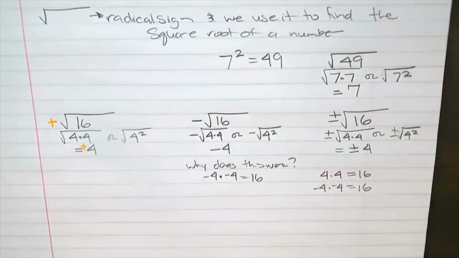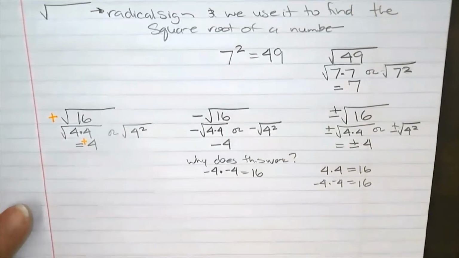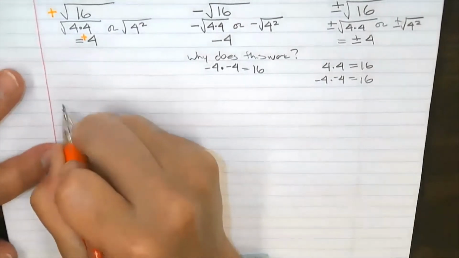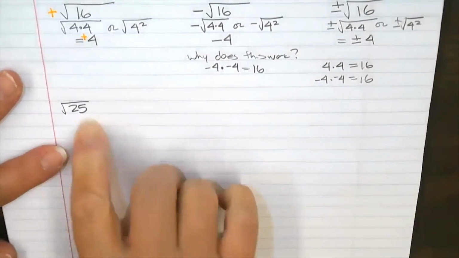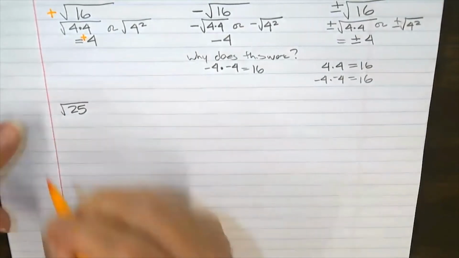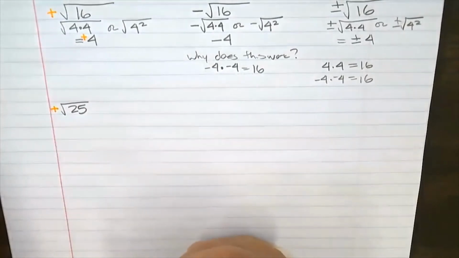Okay, so let's put some of this to work. We want to know, what is the square root of 25? Since we don't have anything in front, it's that invisible positive sign.